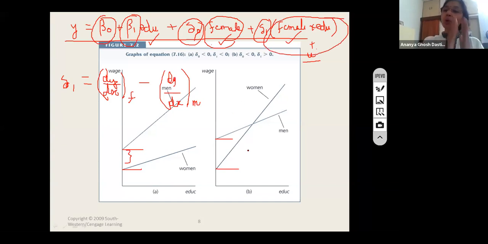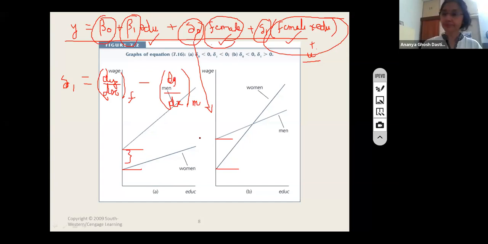This is a model with an intercept dummy and a slope dummy, where the names come from the fact that the coefficient of the intercept dummy is looking at the difference in the female versus male intercepts. So it's the intercept of the female line minus intercept of the male line, the intercept of the dummy group minus intercept of the base group. That difference is being captured by the coefficient of your intercept dummy. That's why it's called an intercept dummy.